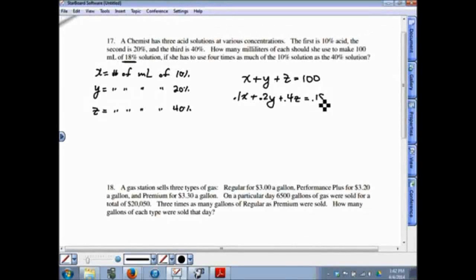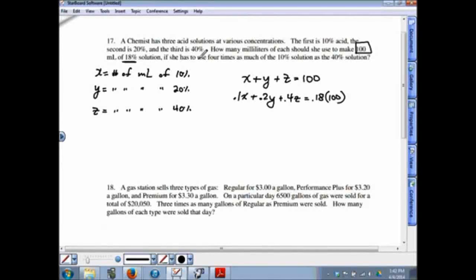A lot of students would want to just put a 0.18 right here, and that's incorrect, because if you look at how we've described this, it's a concentration multiplied by an amount. It's 10% of the number of milliliters X. Over here it's 20% of the number of milliliters Y. So right now all we have is a concentration. It's 18%. But 18% of what? And it's 18% of the 100 milliliters.